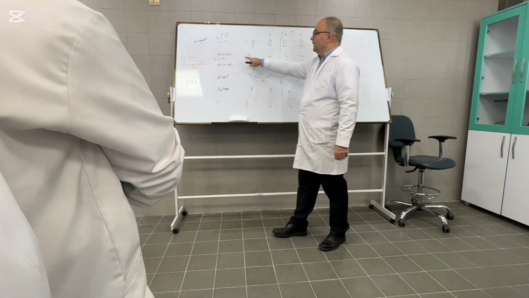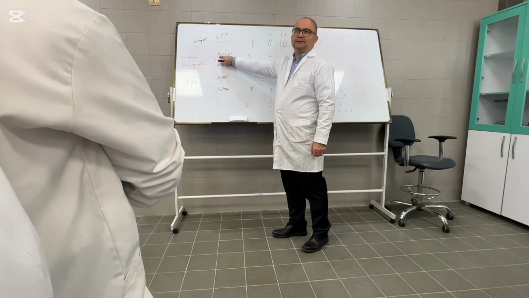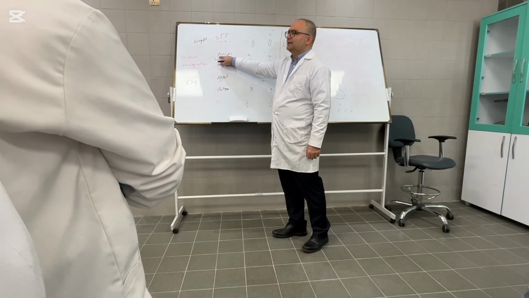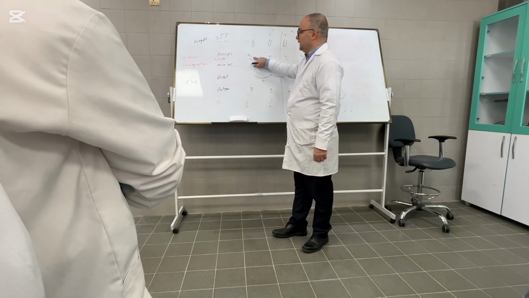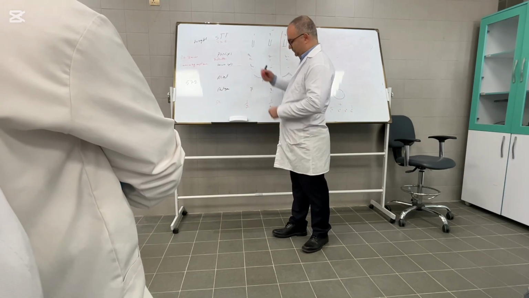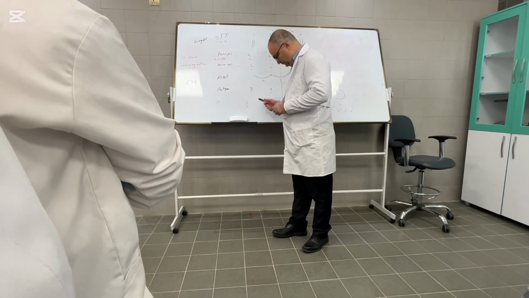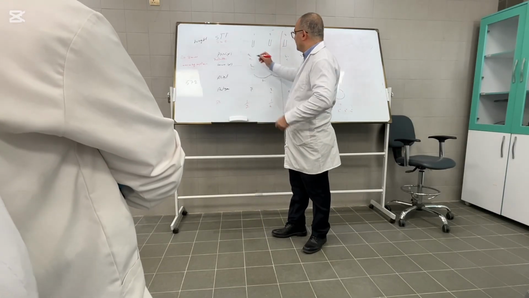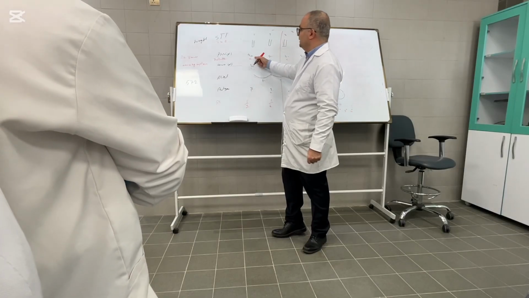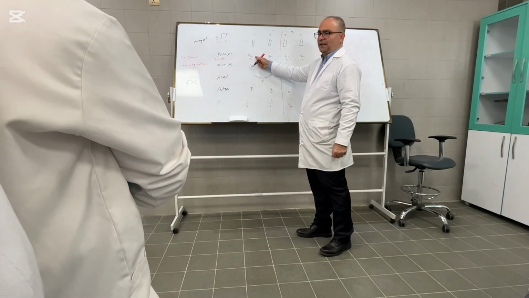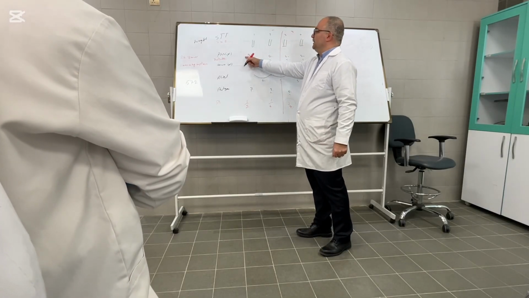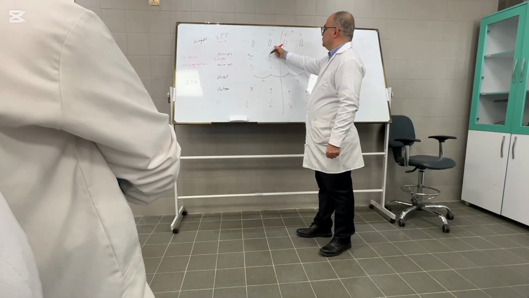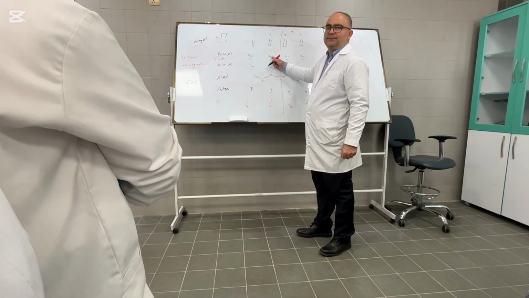The PBS is an isotonic solution, that is a serum diluent. 900 microliters, or 900 lambda, PBS I add to tubes 1, 2, 3, 4, 500.